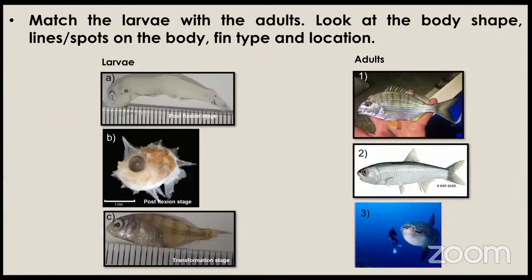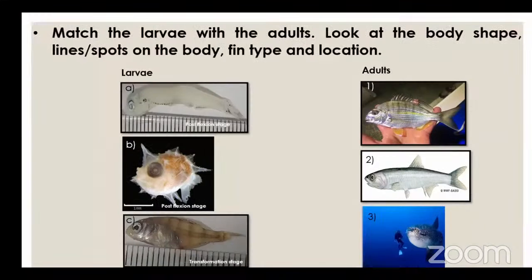You can also look at the fin type and the fin location, where the fins are located. So what you're going to do is match the larvae with the adults, and then tell us why you think it's that particular result that you have chosen. Okay, thank you. I think that's it.